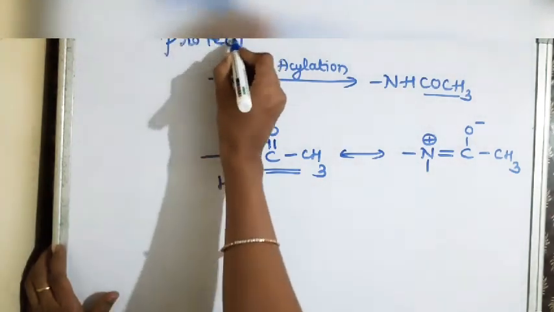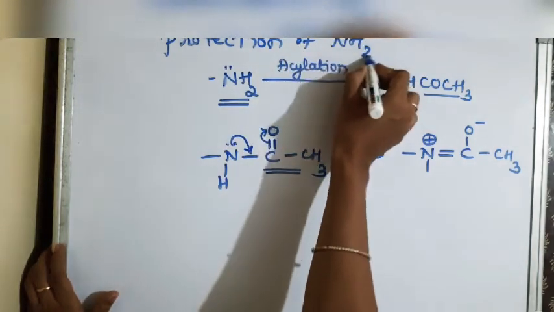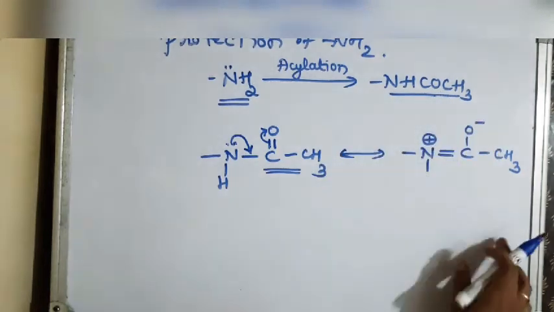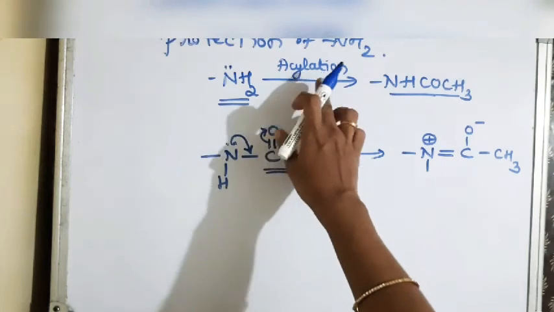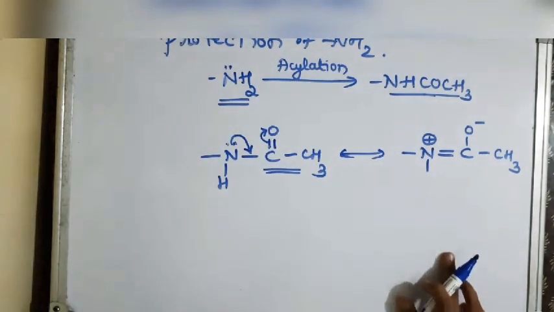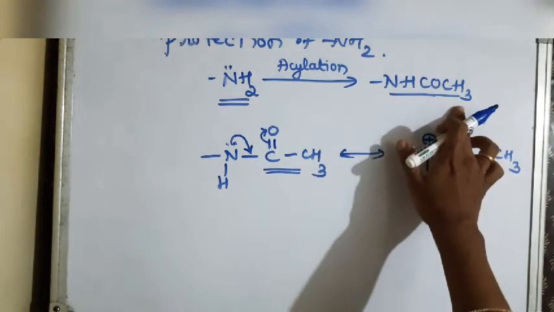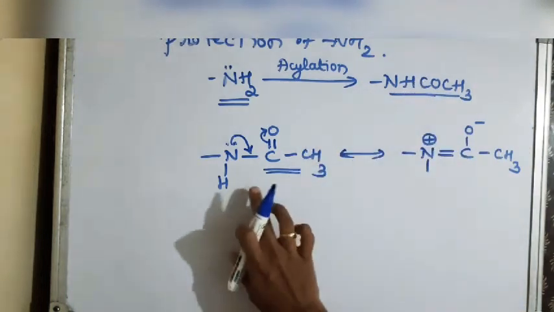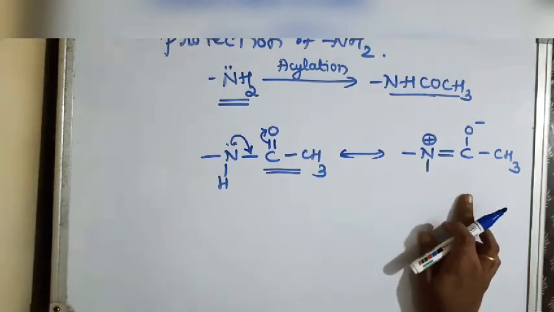At the end of the reaction, we can get back the amino group by the hydrolysis of NHCOCH3. Acylation is done by using acetyl chloride in pyridine or acetic anhydride in pyridine. The reactions you have already studied. By that we are introducing the acyl group in the amino group so that the activity is reduced to get mono-substituted products.